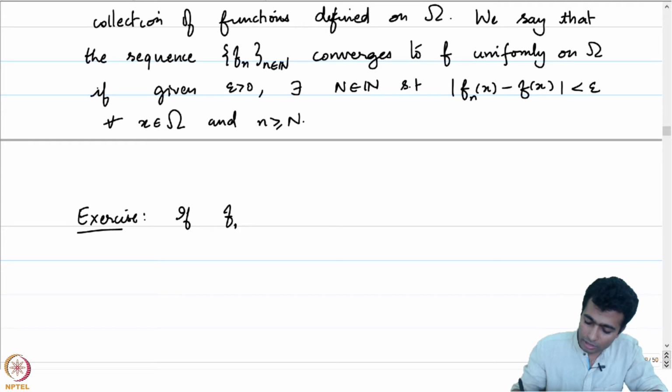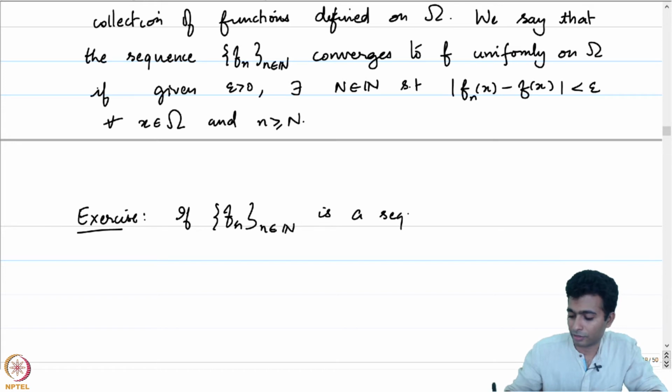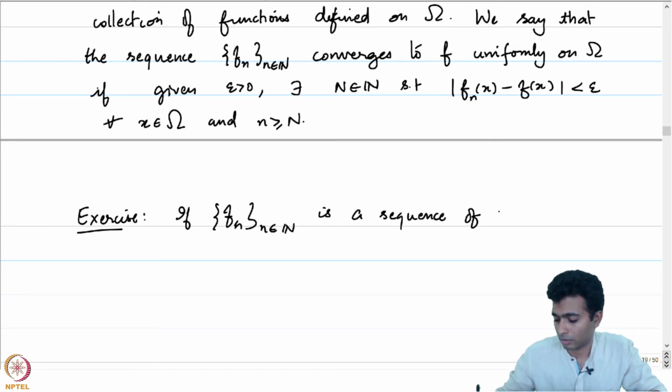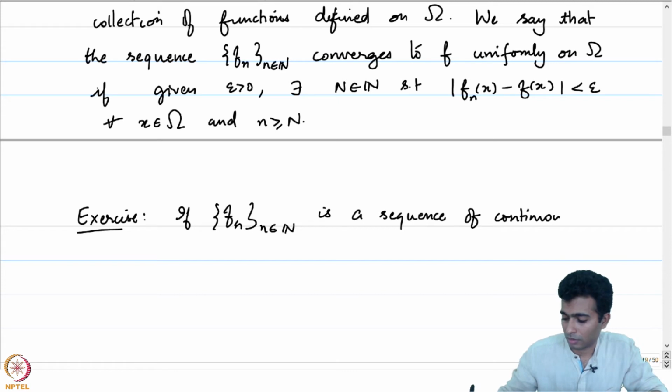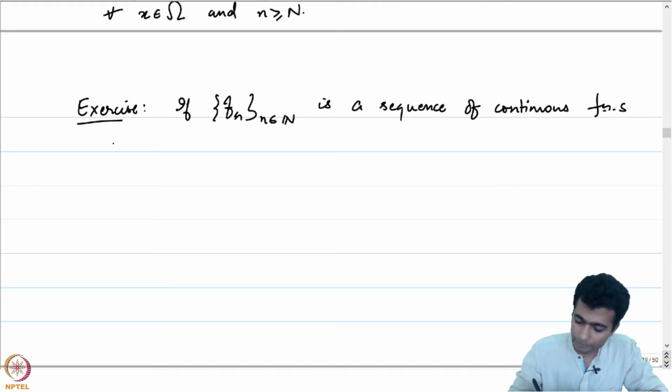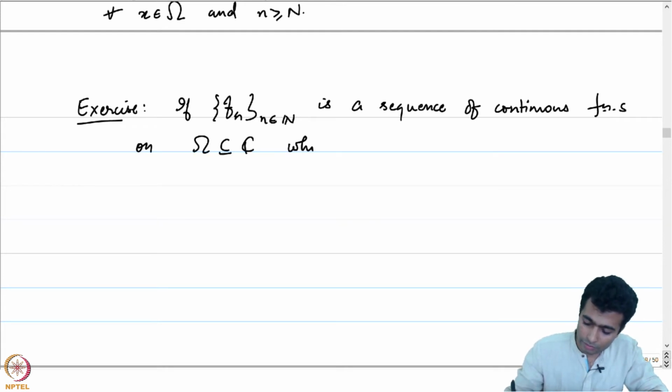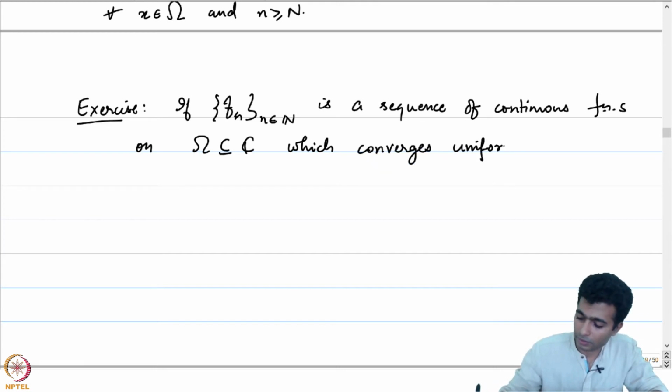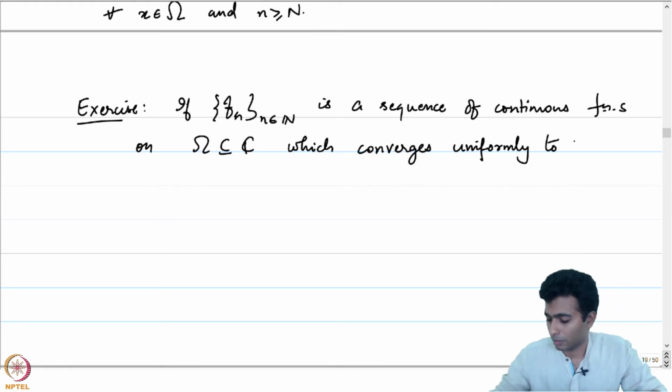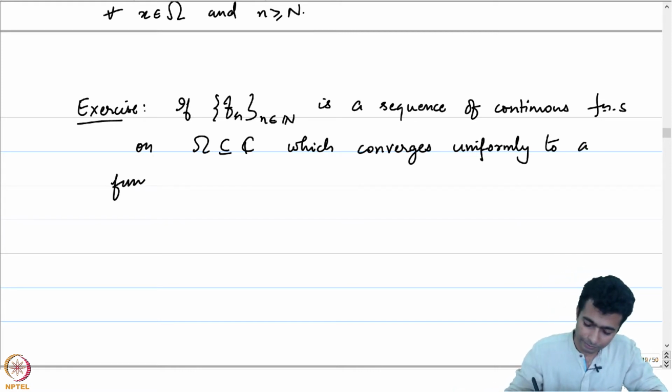Let Fn be a sequence of continuous functions on omega which converges uniformly to a function f on omega.